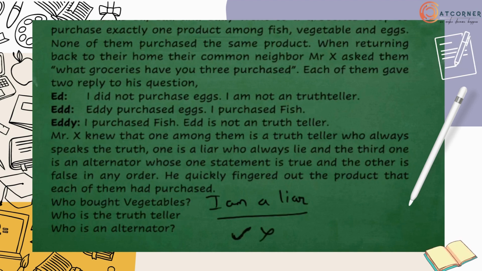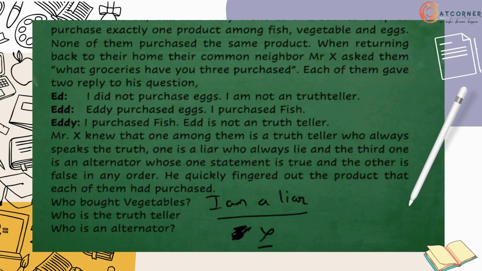Now, if it is true, then the statement "I am a liar" will be true and that person will be a liar. And how can a liar say a true statement? That means it contradicts. The statement cannot be true. Now, the statement is false. If "I am a liar" is a false statement, that means that person is not a liar.